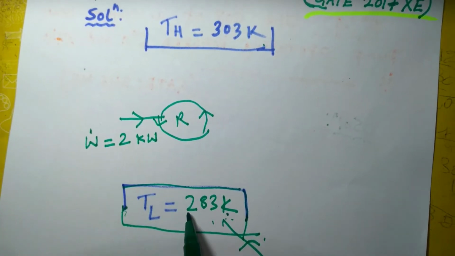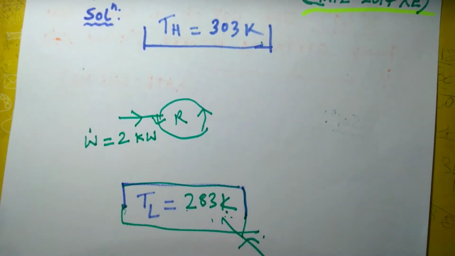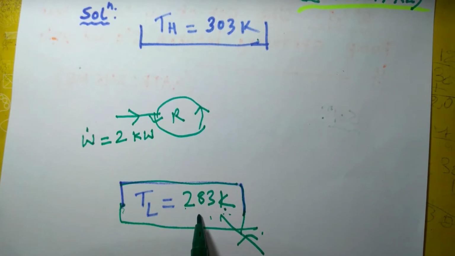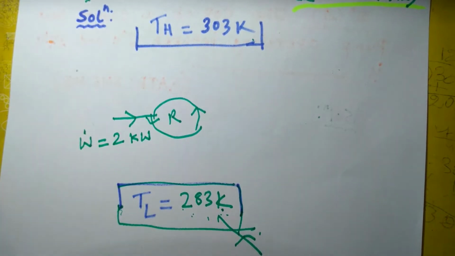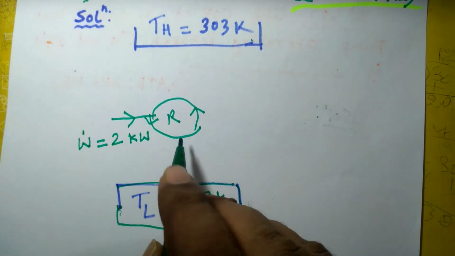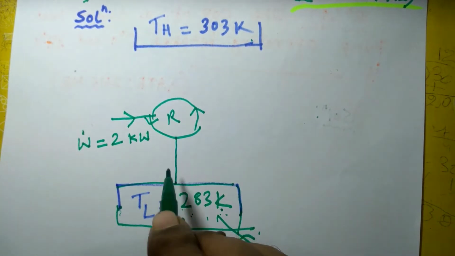So the temperature will increase. So how to maintain at this level? We can't afford to have a situation in which the temperature of this space will increase. So for that we have to continuously extract whatever amount of heat enters into this space, that has to be continuously extracted by your refrigerator.